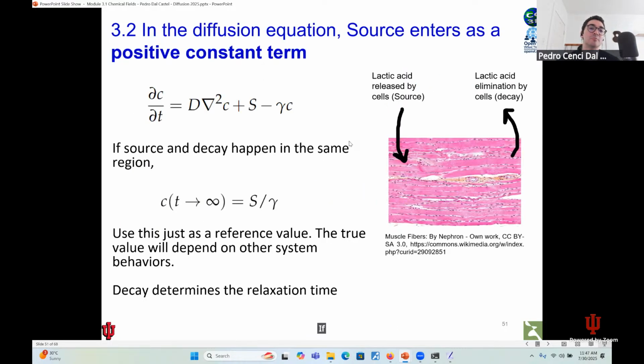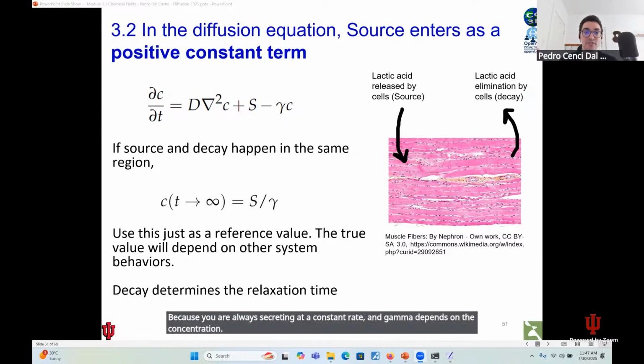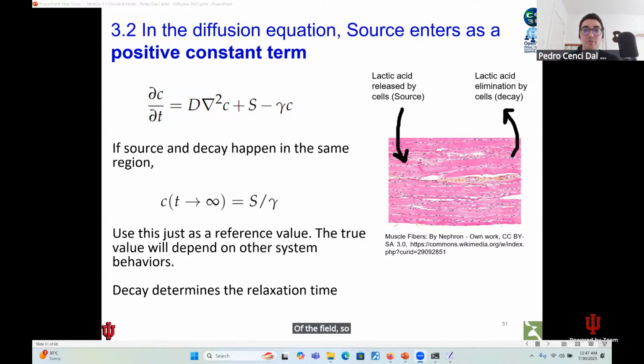If you set both secretion and decay on your system, then your system equilibrates in a value that is given by S over gamma. S again is the rate of secretion or your source rate, and gamma is your decay coefficient. Because you are always secreting at a constant rate, and gamma depends on the concentration of the field, they will always equilibrate at some point.